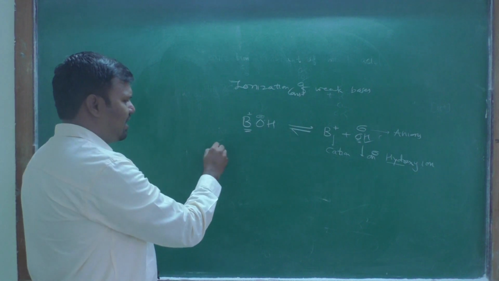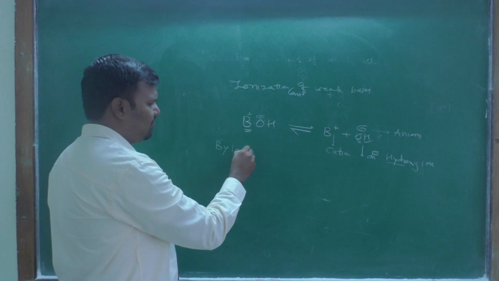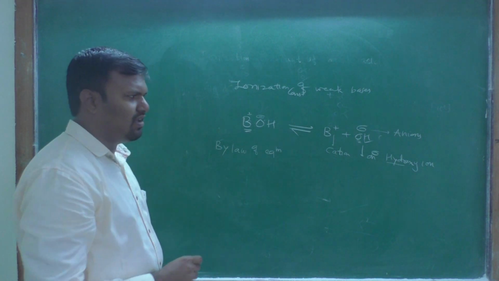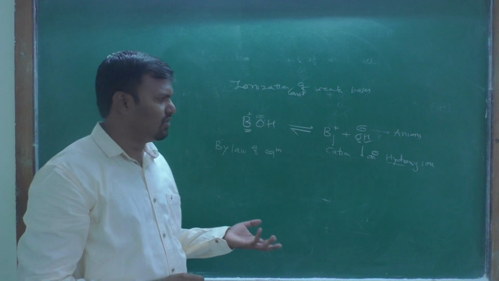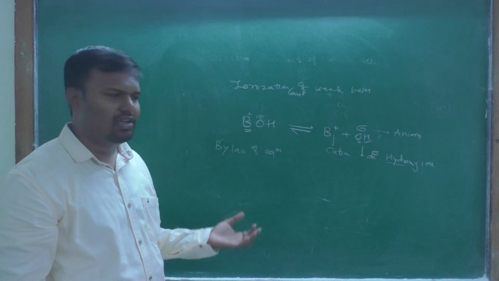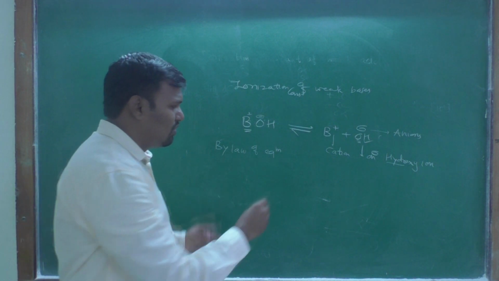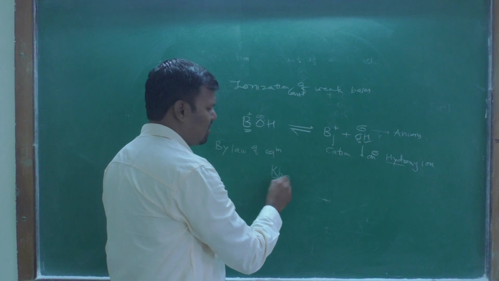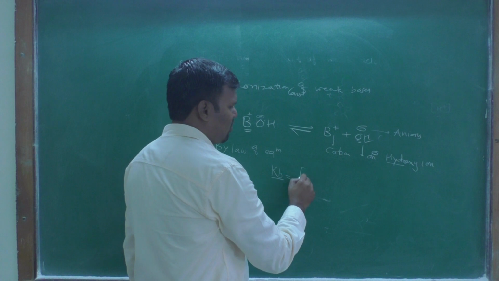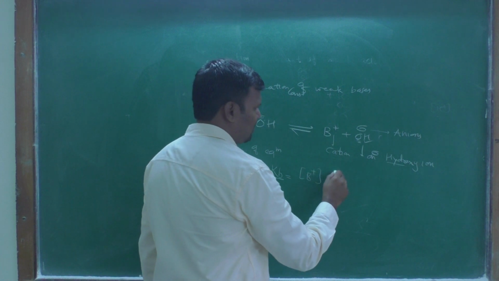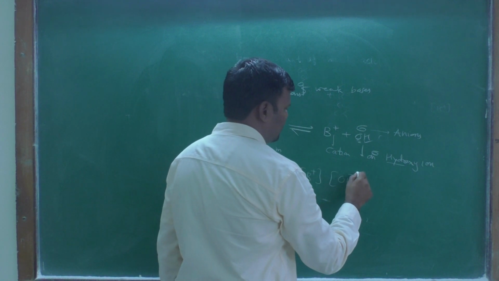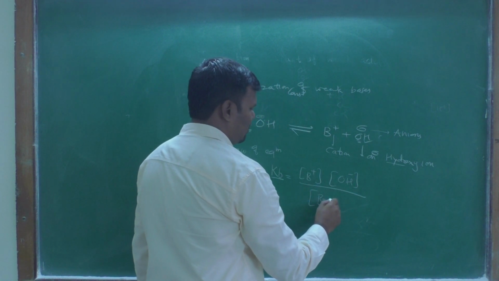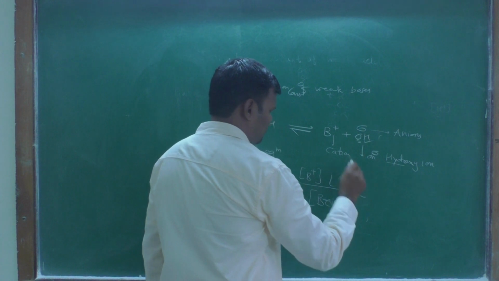Therefore, by applying the law of equilibrium, which we also studied for acids, we get for the base: Kb is equal to the concentration of B plus, the cation, and the concentration of hydroxy ions, divided by the concentration of the undissociated base.